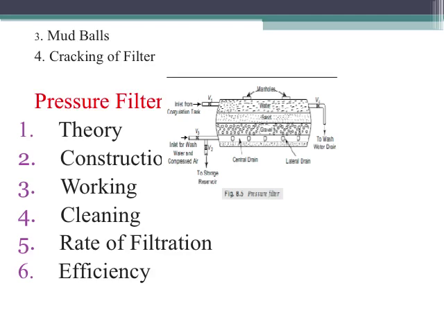So how about the cleaning process? When the rate of filtration starts decreasing, due to the deposition of impurities on the top surface of the filter media, it is a clear indication that the filter requires cleaning. So during cleaning, valves 1 and 2 are closed and valves 3 and 4 are open.